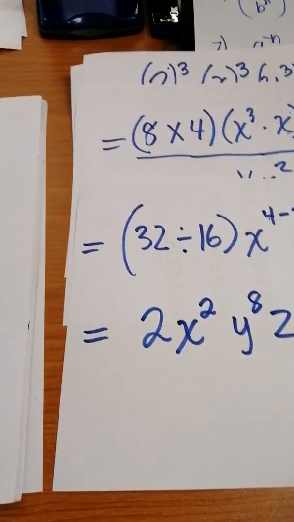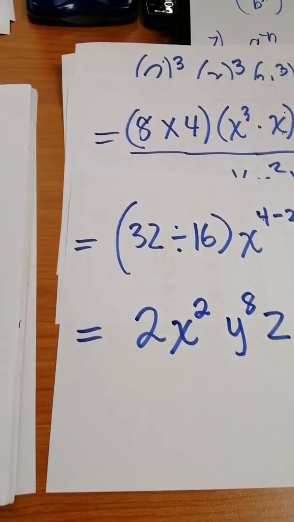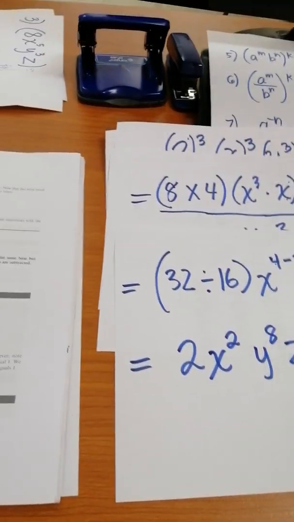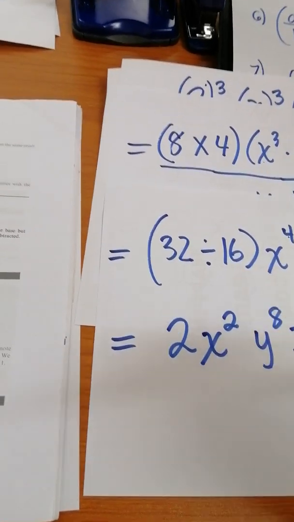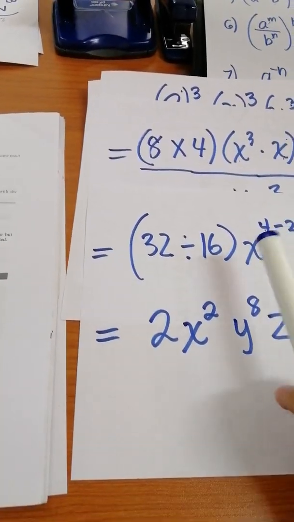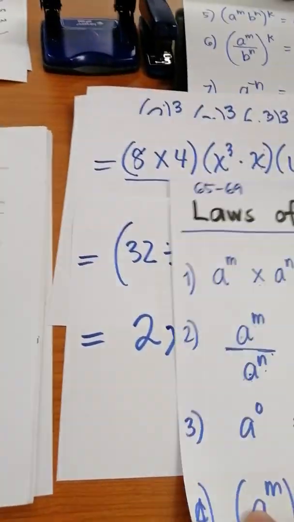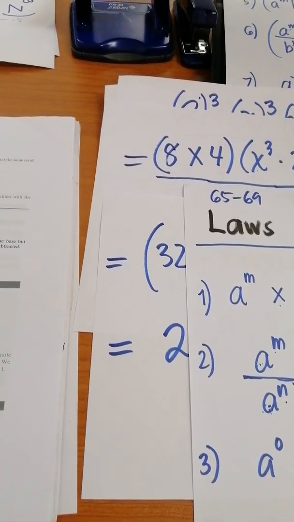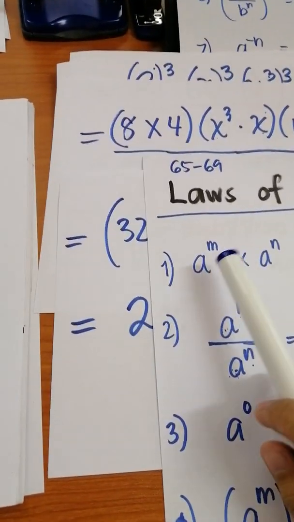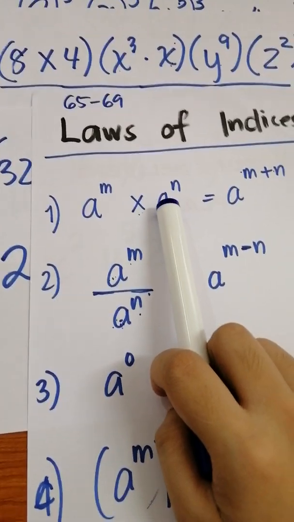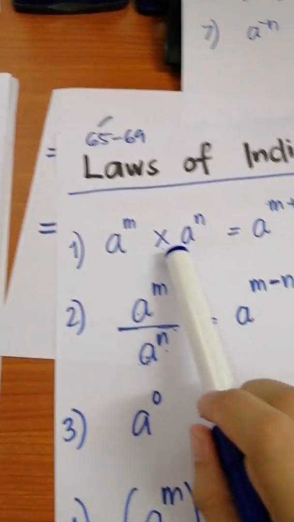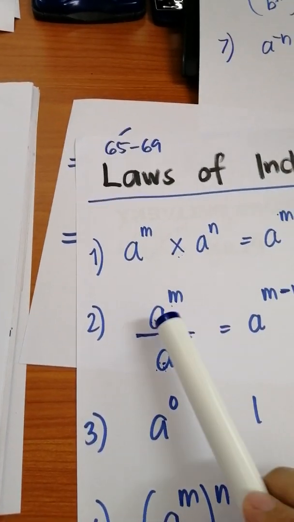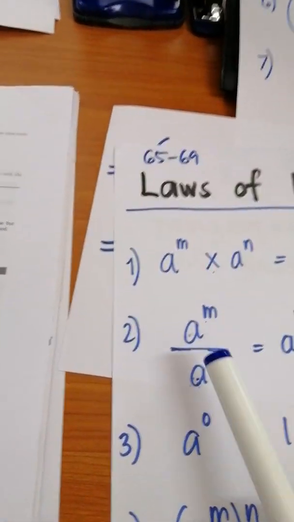So that's it. All we need to remember is the rules, the laws. You can only divide if they have the same base. You can only add or subtract the powers if you have the same base.